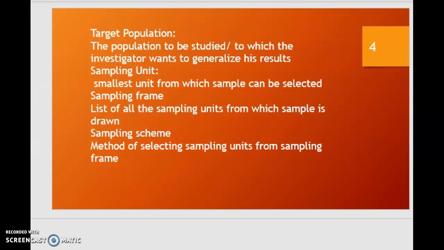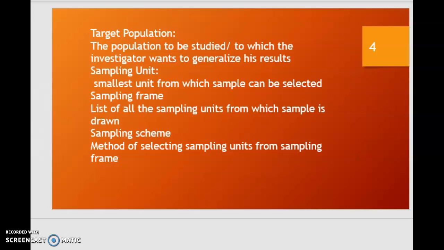So let's say if we're looking at students in college, our target population could be all college students in the United States of America. But a sampling unit could be a particular school that we're looking at.